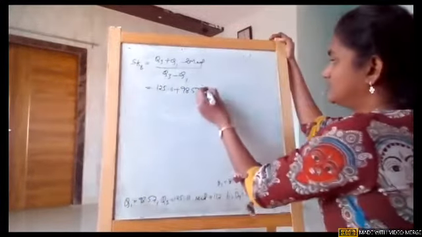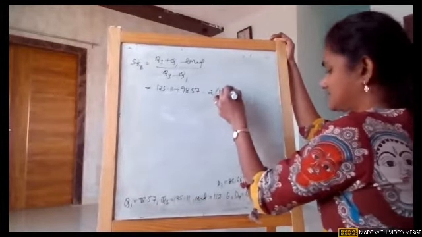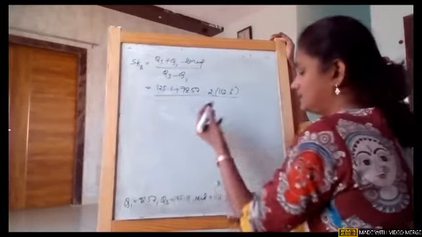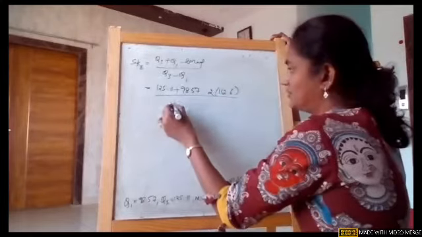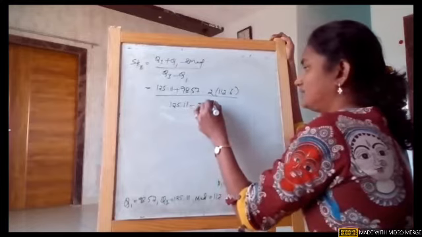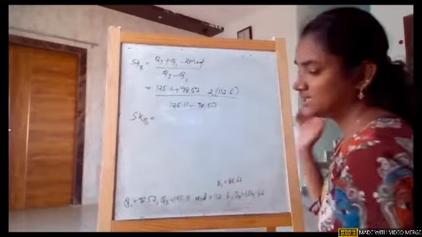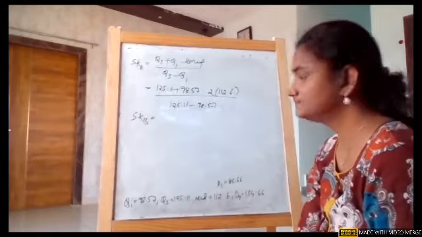So minus 2 into the median, 112.6, divided by 125.11 minus 98.57. So, girls, can you calculate it and tell me?